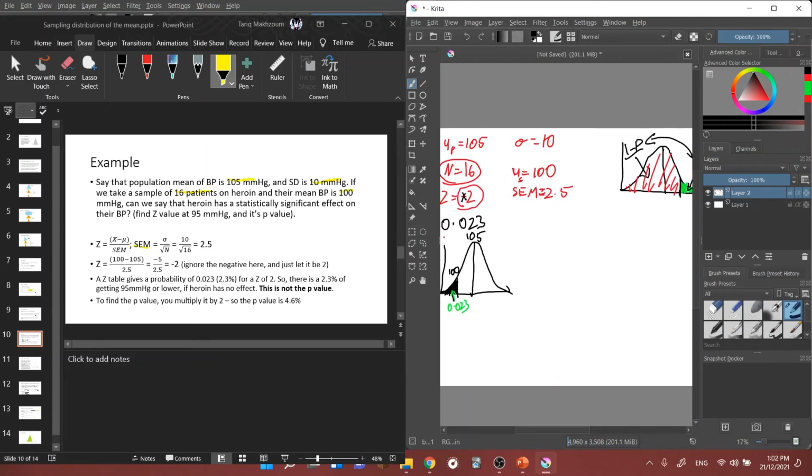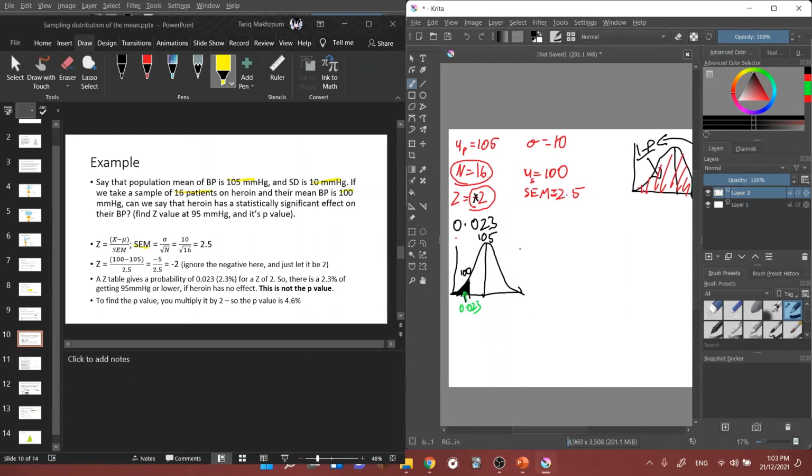Okay? And so to find the probability... Okay, so this number gives us the probability of getting this value or lower. Alright? But we want to know what's the probability of getting a value that's this far from the mean, or further away.